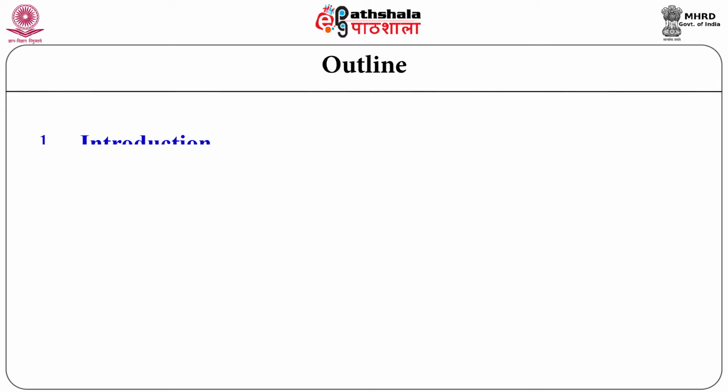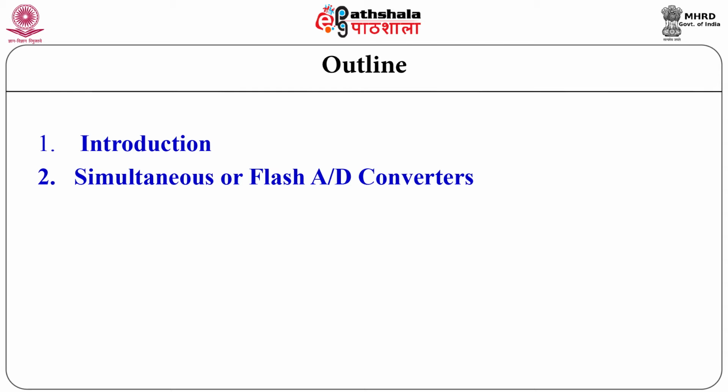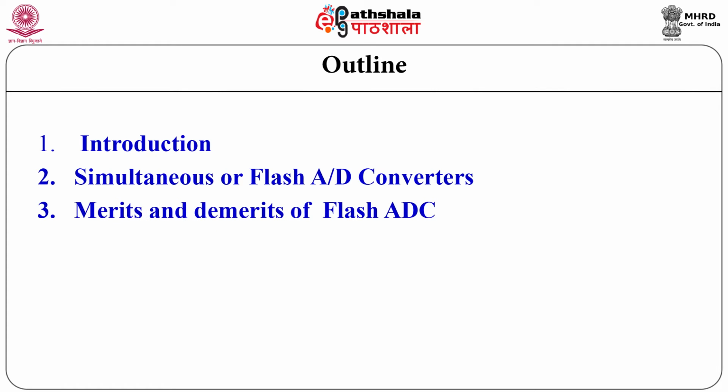The outline of this module is, after introduction, we are going to study the circuit diagram of simultaneous or flash AD converters. After that, we are going to study the merits and demerits of flash ADC. There are certain drawbacks of flash ADC and hence another methods are developed.